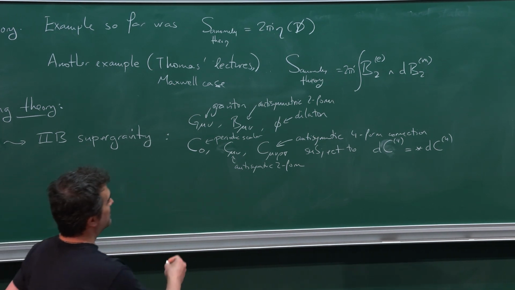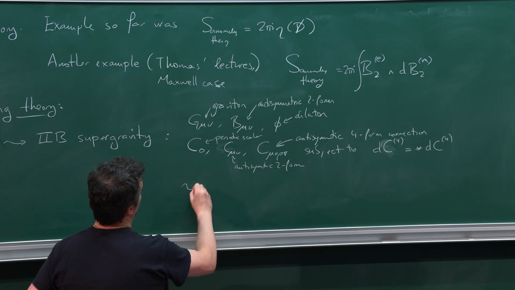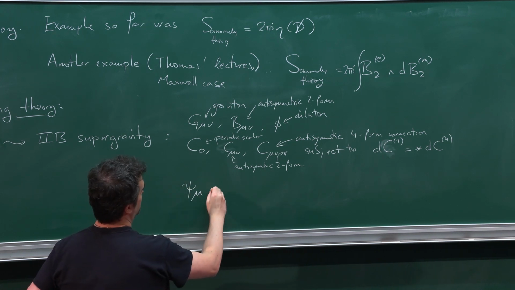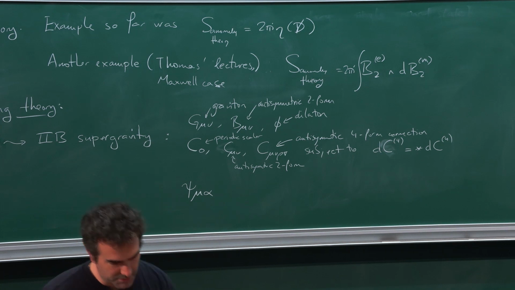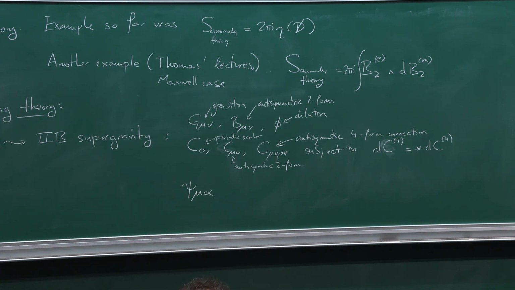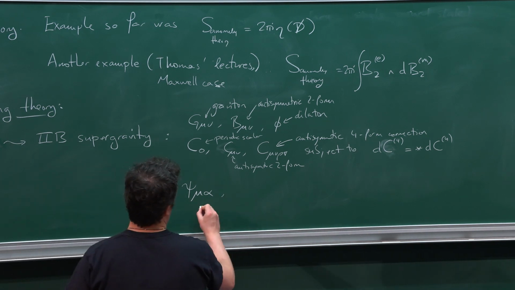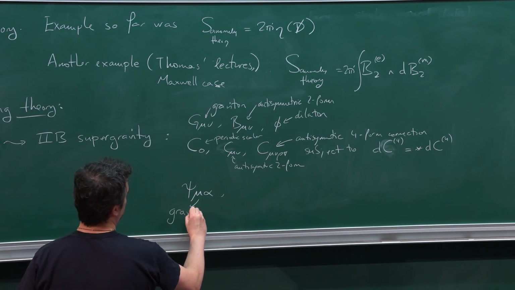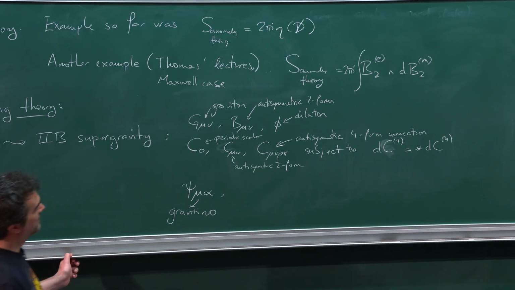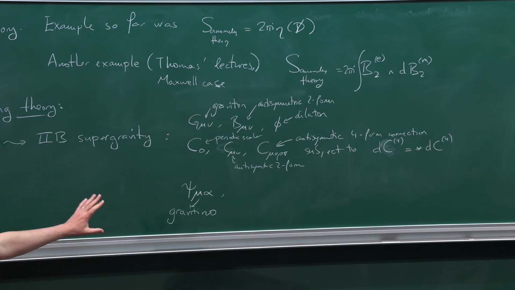We also have some fermions. So we have something which is a gravitino. Yeah. So we have a gravitino. This is a field that you can model. There are some subtleties.